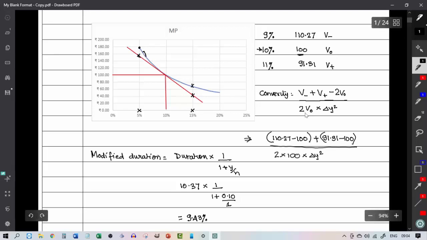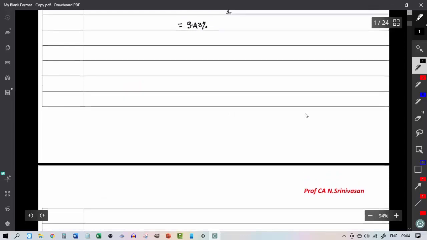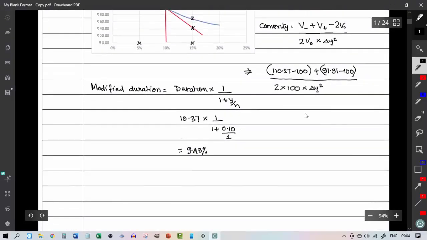Now if I simplify this, I can write this as 110.27 minus 100 plus 91.31 minus 100, whole thing upon 2 into 100 into delta y square.